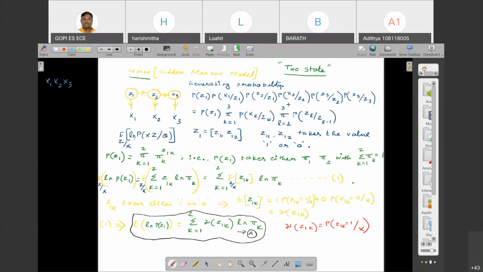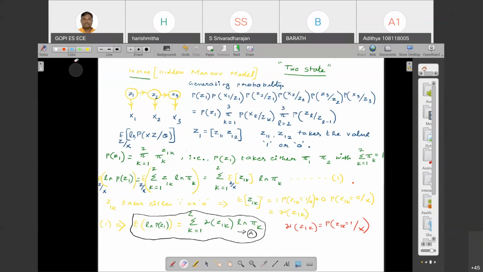In this case, I have chosen only 3 vectors getting generated from this model. We have a sequence in it. This is the first vector, this is the second vector, and this is the third vector, right? So these are actually getting generated using the state, right?